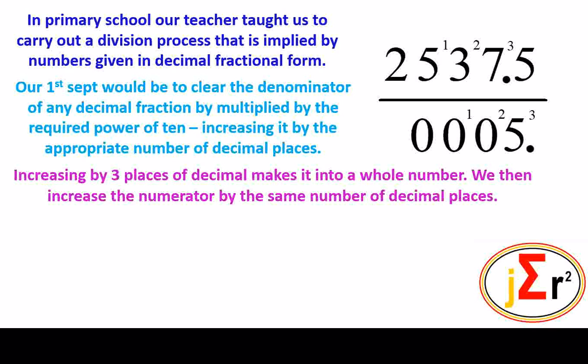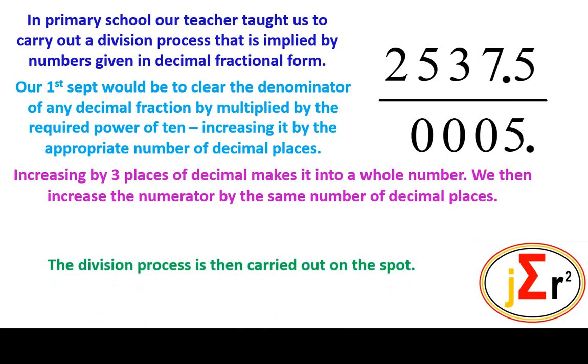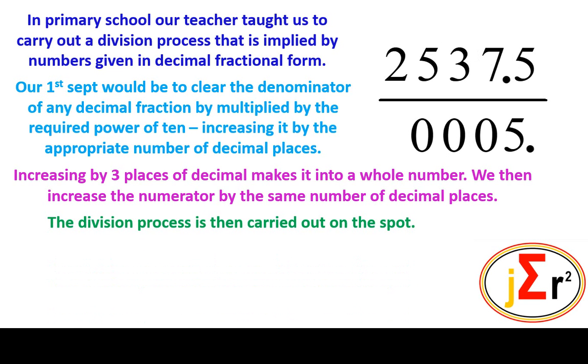Now, as you have seen, increasing by 3 decimal places does not remove all of the decimal fractions from the numerator, but that is okay. The division process is then carried out on the spot. We don't use another frame in which to do the division process. We do it right here.